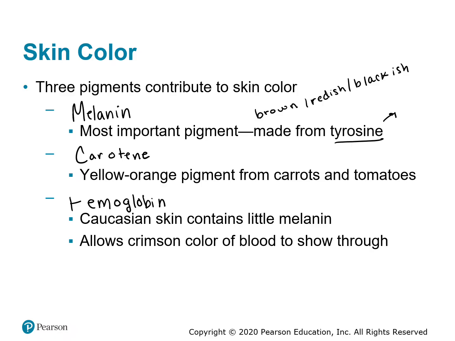Hemoglobin is technically a pigment, but it's more so a blood protein. And if you can see the redness, that is a lack of other pigments. So seeing hemoglobin is mostly just not seeing any other types of pigmentation. But hemoglobin technically is a pigment, and it is red like your blood.